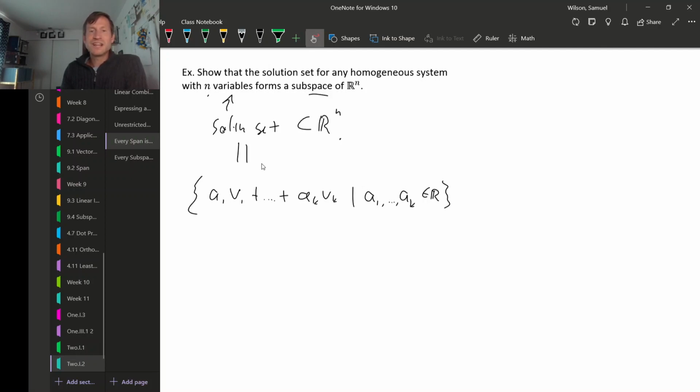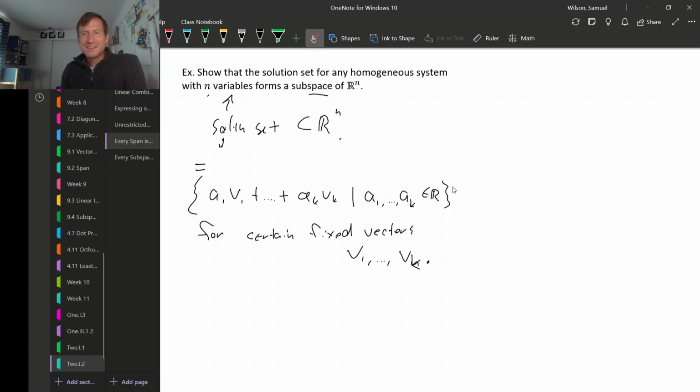So what we showed is that the solution set is equal to this for certain fixed vectors v1 through vk, sorry. There might not be n of them.